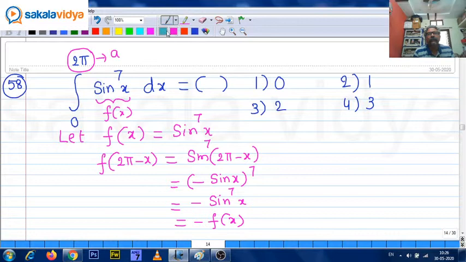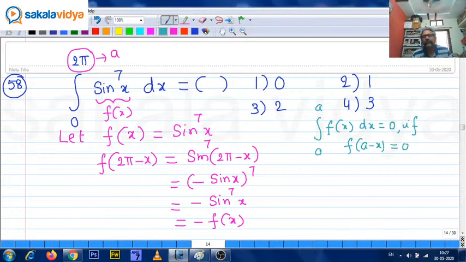So we have the formula. What is the formula? Integral 0 to a f of x dx becomes 0 provided f of a minus x equals to, sorry, minus f of x.